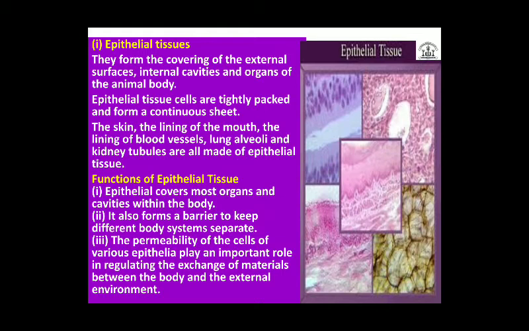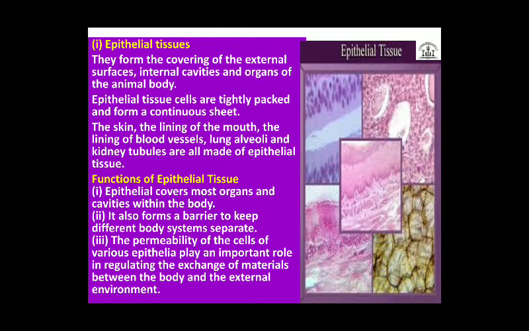The permeability of the cells plays an important role in regulating the exchange of material between the body and the external environment. Usually, over the skin of animals you can see sweat. Sweat is excreted from the body through the skin.